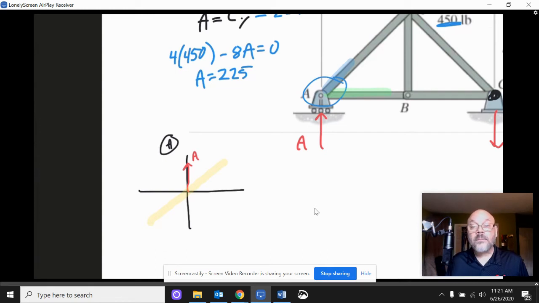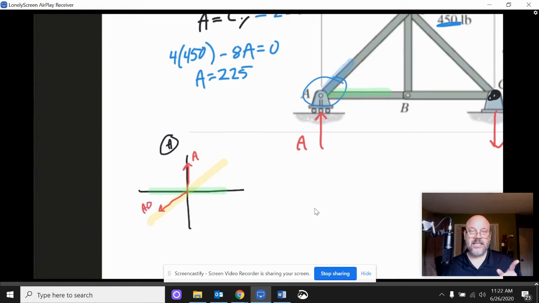A is up. AB is going to be in this other direction this way. That means that AD really is going to have to take care of the horizontal part of B and take care of A. And the only way that can happen is if AD is down this direction. So there's AD.